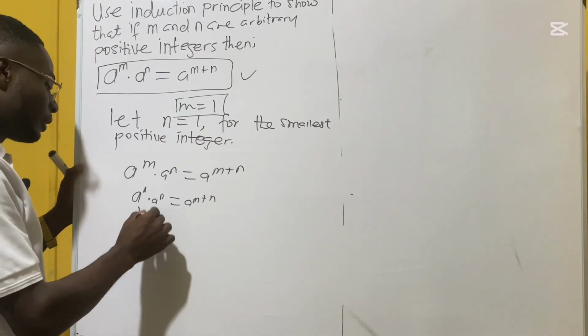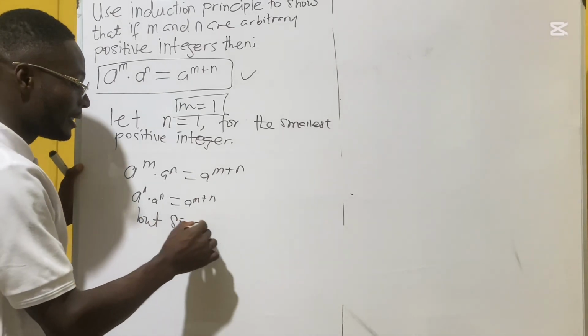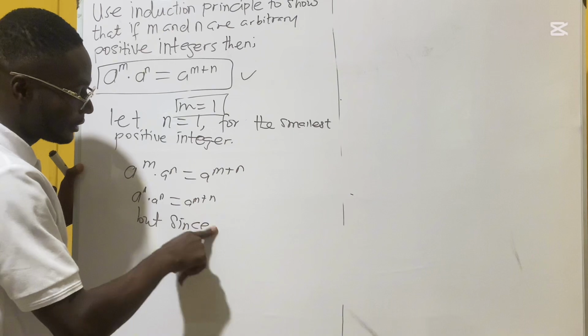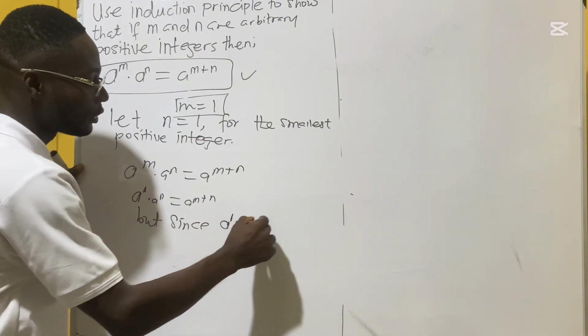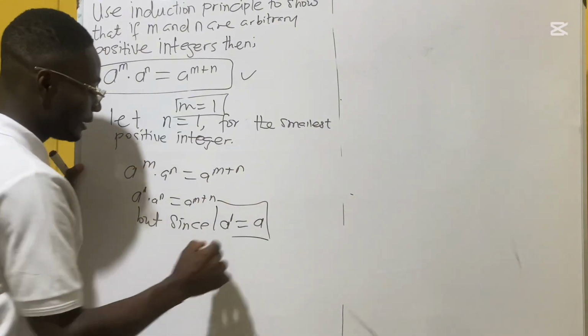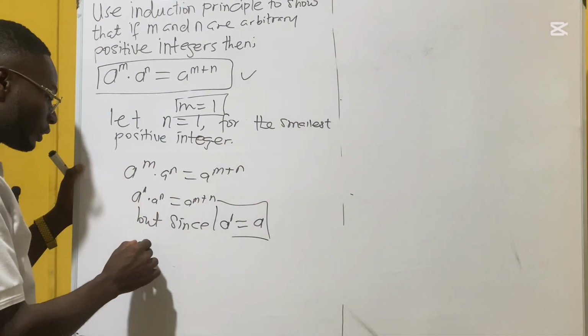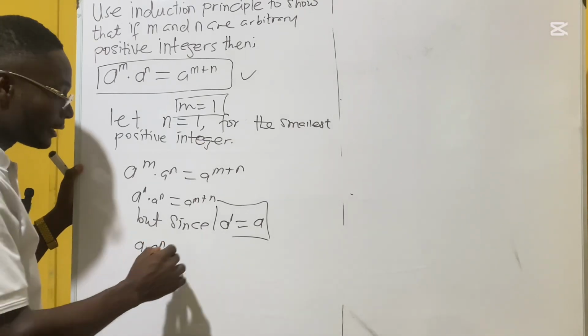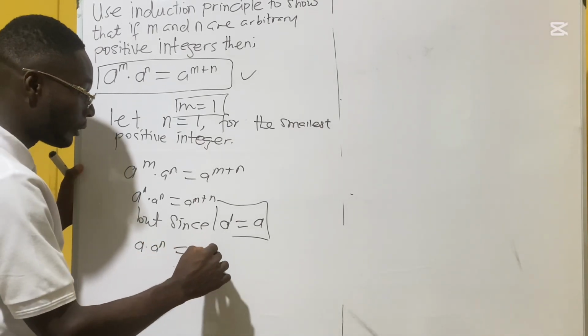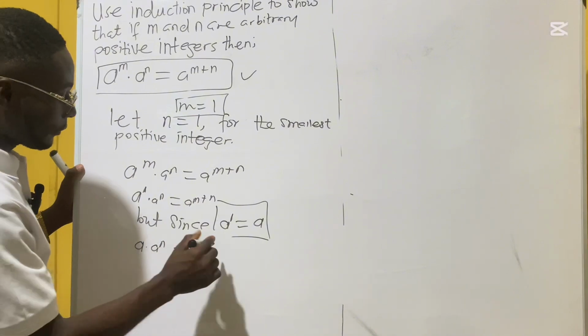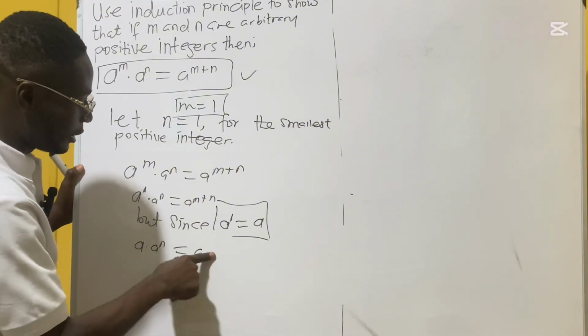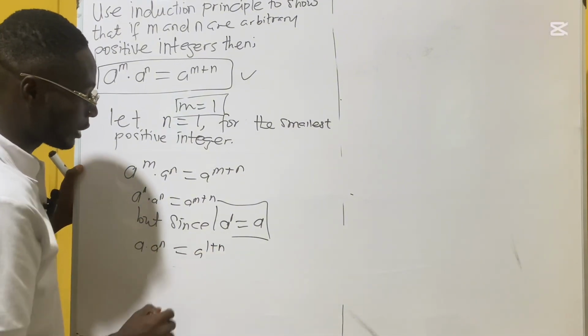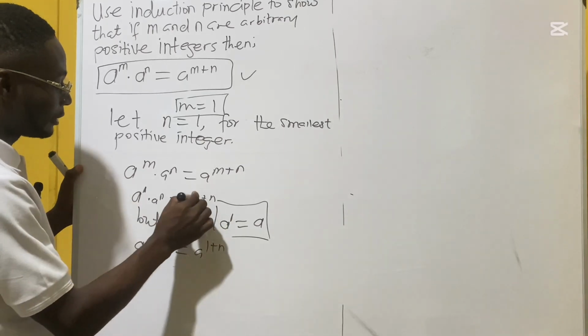But since a^1 is equal to a, right, then we can say that a · a^n is equal to a to the power, let's put the 1 here. Okay, so we're going to have that also here.